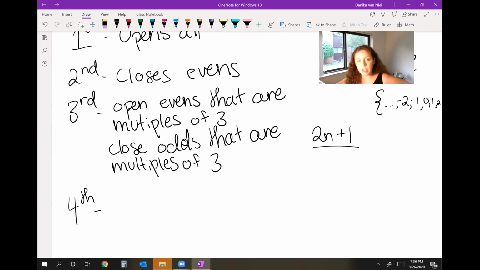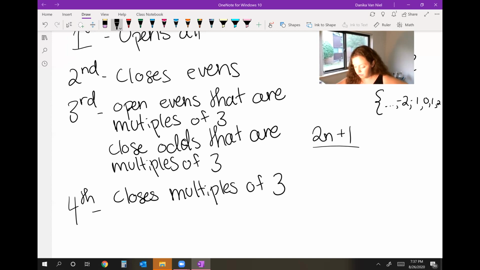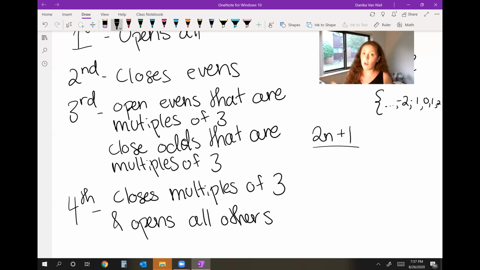So here, let's write it like this. So it closes multiples of 3 and opens all others. Under the assumption that all the numbers I'm talking about are multiples of 4.